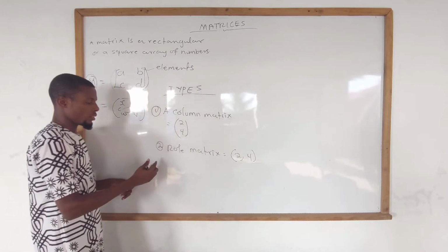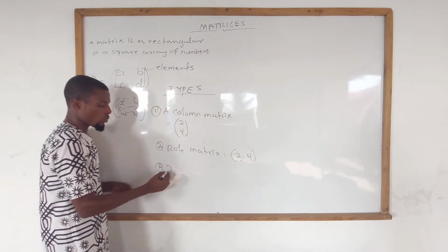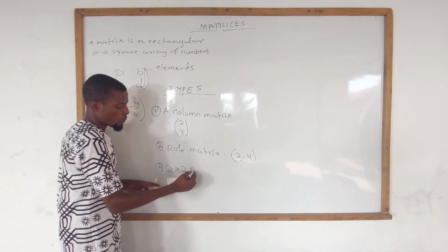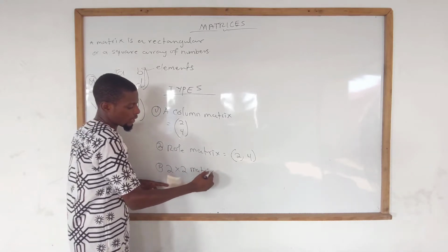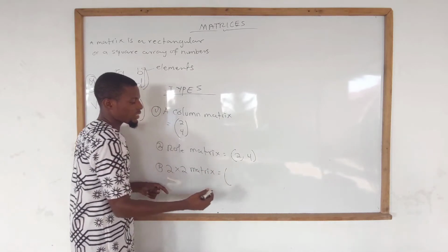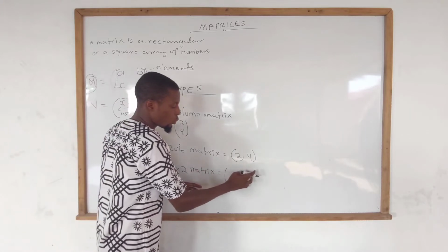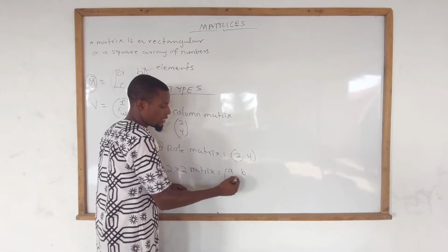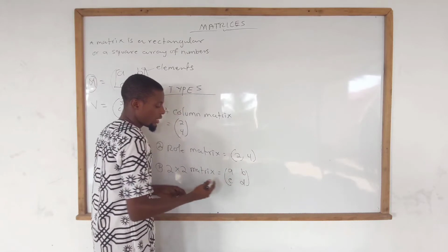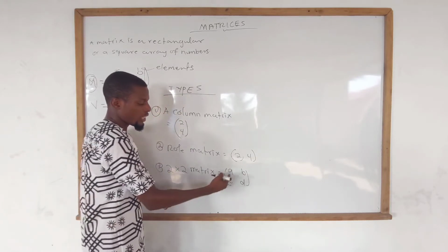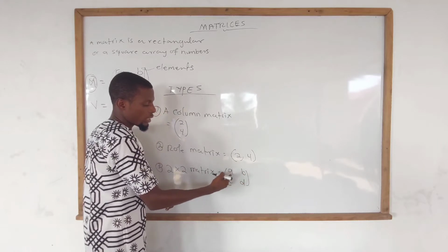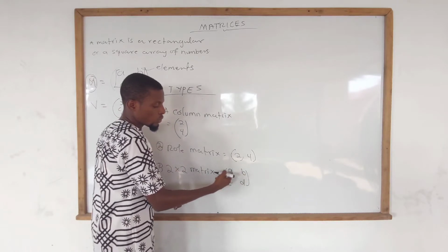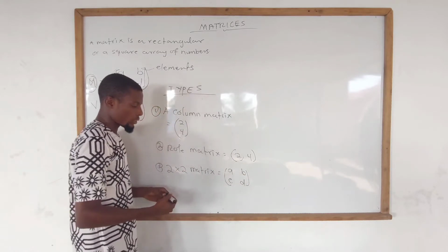Then another matrix we have is the 2 by 2 matrix, which has 2 rows and 2 columns. A typical example: A, B, C, and D. This is a 2 by 2 matrix.